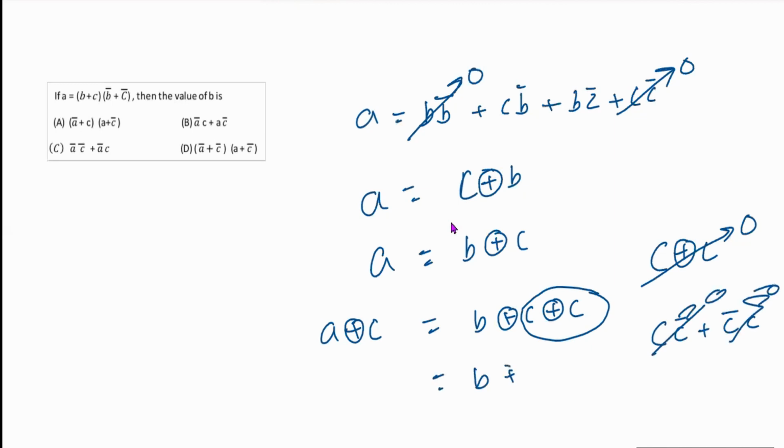So this is B XOR 0, and if you do B XOR 0, you will get B. So this is B. So your answer is A XOR C, and A XOR C is nothing but A C bar plus A bar C. So this is your option B.